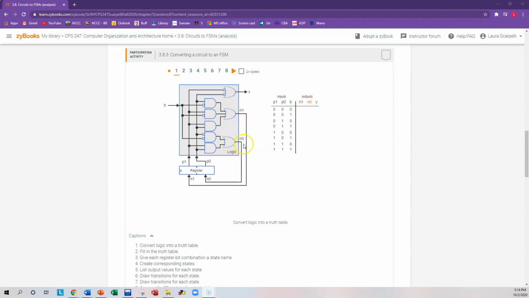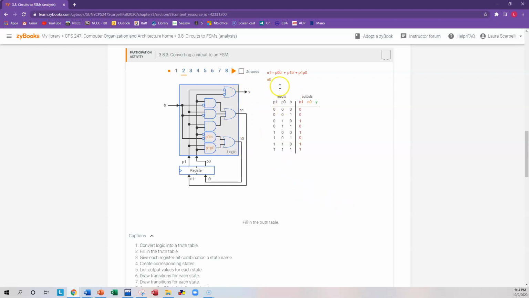You could do the same for N0 and for Y to derive the functions, and then fill out the truth table. So let's let this play. And it's going to give us each of the functions for N1, N0, and Y. And now let's take a look at how the truth table is filled out.